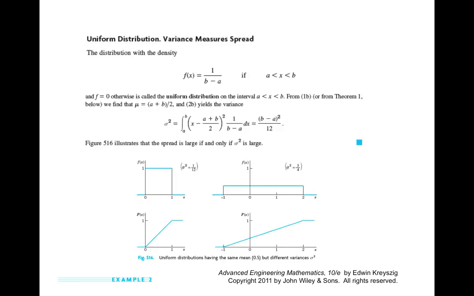Now, the interesting thing is, if you look at all of these distributions, they all have the same mean, but the difference then becomes in the variance. So, for example, in this distribution, the variance is 1/12. If we now make that shorter and fatter, the variance is 3/4.